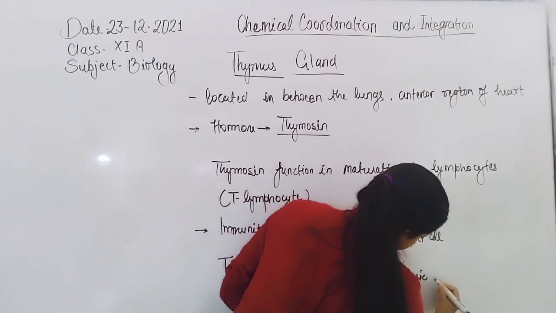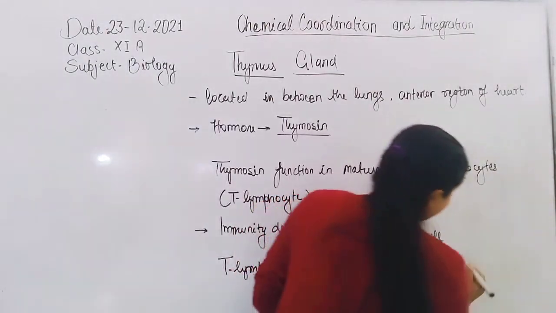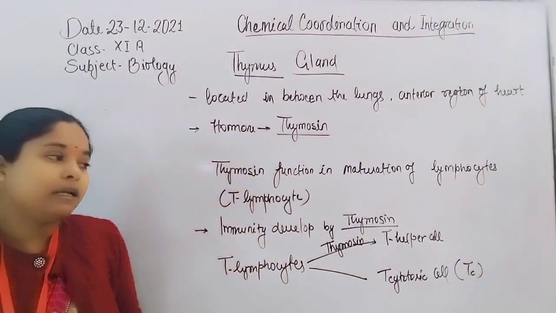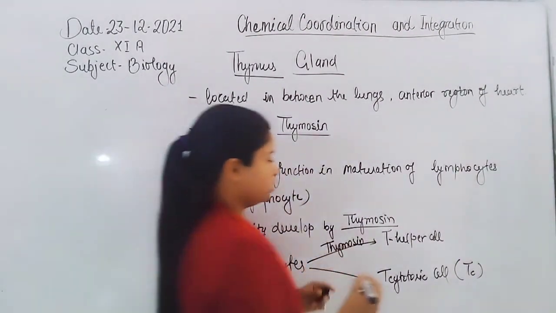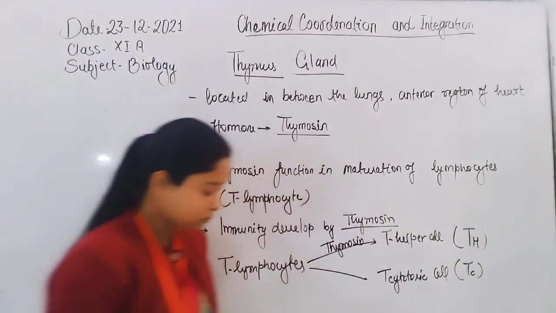Cytotoxic T cell, or TC cell. TH is also denoted as T helper cell.